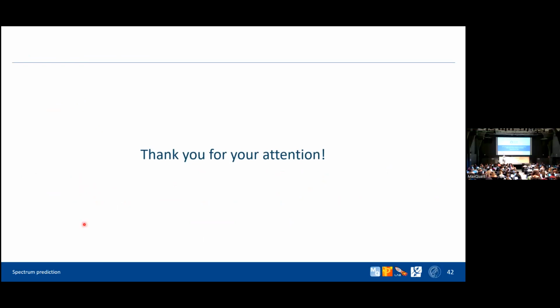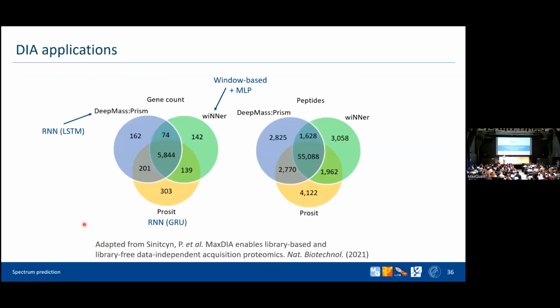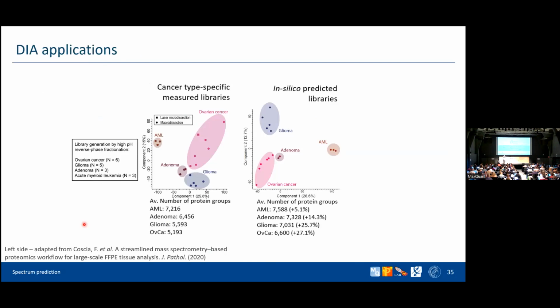Hello. Sorry if I misunderstood something, but you showed that the in silico libraries outperform experimentally derived libraries, right? In terms of numbers that you got in the end. Yes, for example here. But I was wondering how big are these two libraries? Do you start with the same number of spectra in both of the libraries?